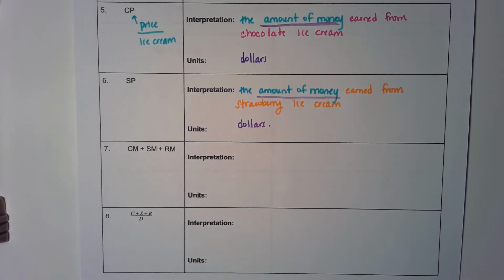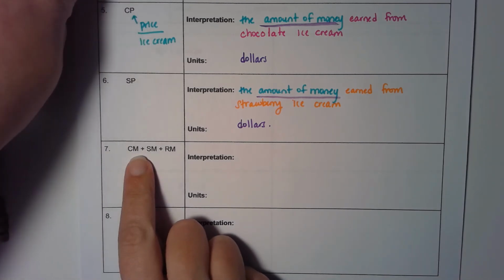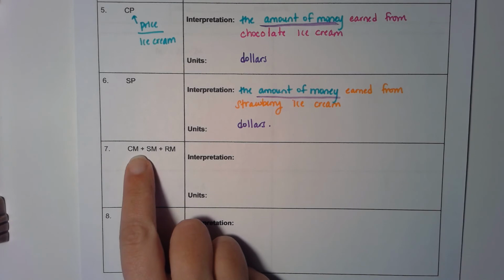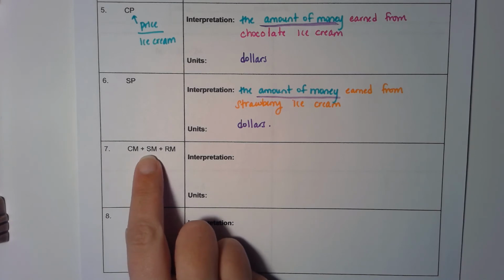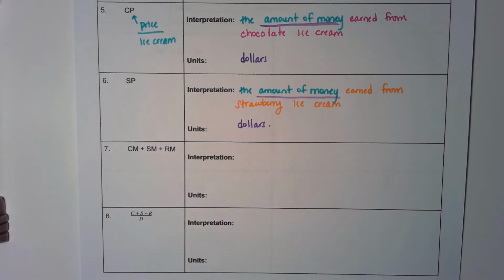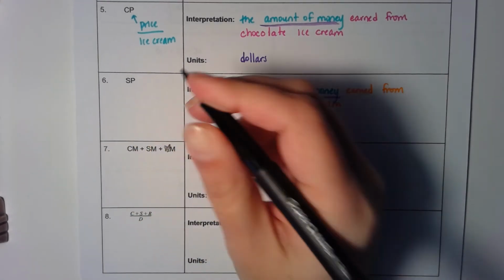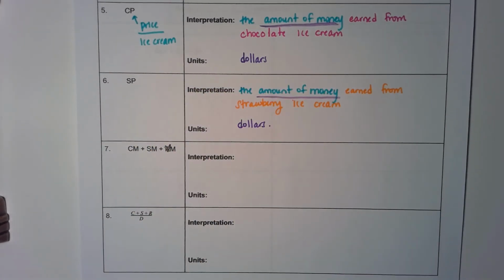In problem number 7, we're starting to add together some of the things we already talked about. So CM, if you go back to problem 3 at the top, was the amount of time from chocolate ice cream. SM was the amount of time making strawberry ice cream. R, I believe R is actually a typo here. This should have been a V instead of an R, would be from vanilla ice cream. So if we're adding these all up, it's going to be the total amount of time from all of the ice cream.